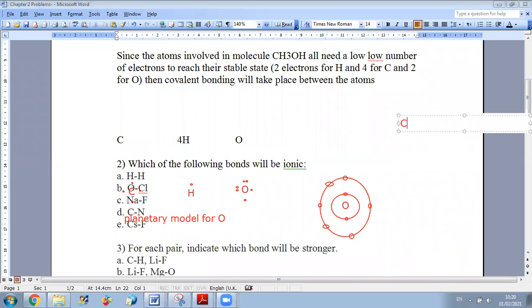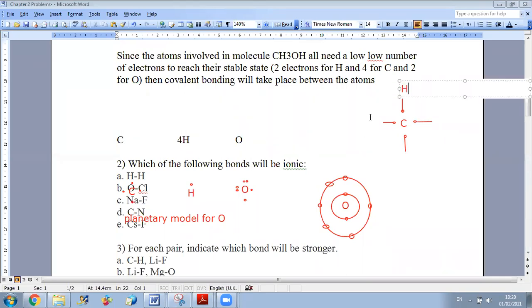It can share 4 electrons: 1, 2, 3, and 4. So why not share with 4 H like this? 1 electron shared with the first H, with the second H, with the third one, and with the fourth one. Is this right if I do this? No, because C needs to share with the O.